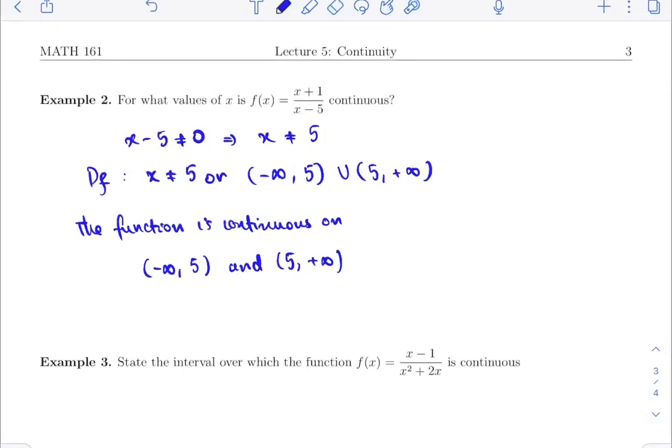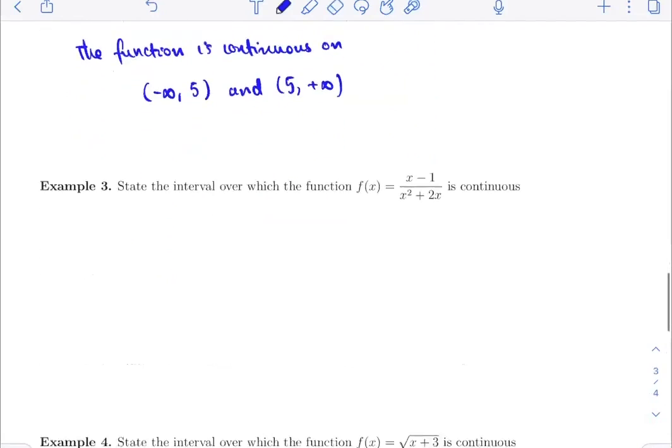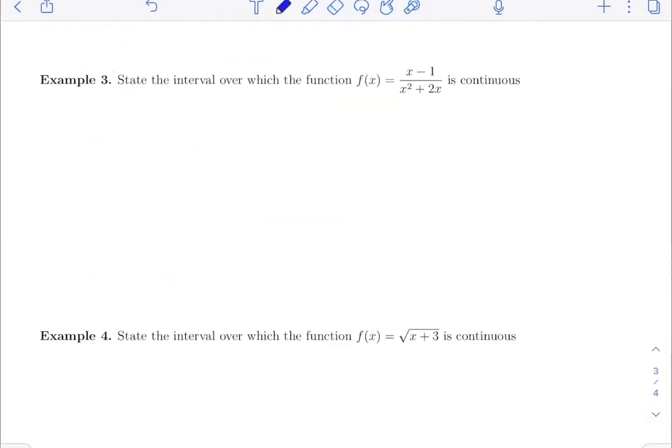Similar idea for the next example. In the next example, the function is also a rational function, and therefore the denominator cannot be equal to 0. So we have to identify the domain of the function first, and then from there, you can identify the intervals on which the function is continuous. For this, the denominator x squared plus 2x cannot be equal to 0.